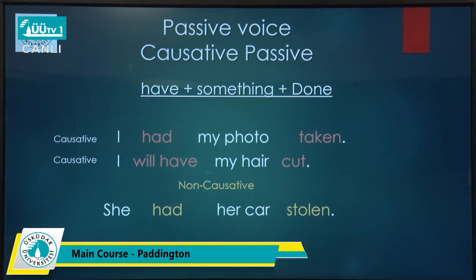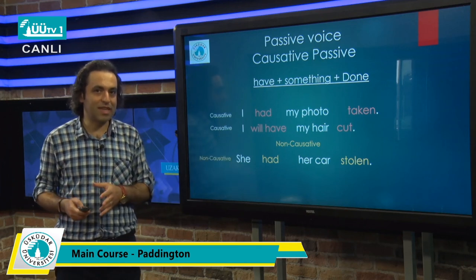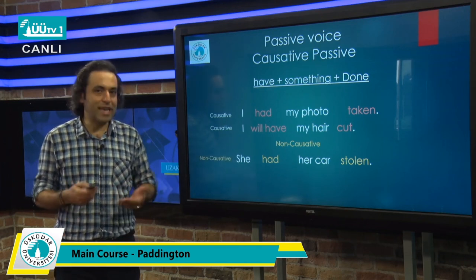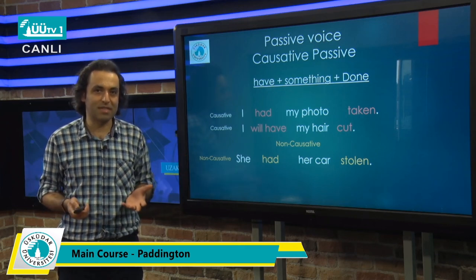Somebody came and stole her car. Is she the reason that her car is stolen? Of course not. Did she pay someone to steal her car? Of course not. So because the meaning doesn't show that she is the cause of that action, we call it non-causative. So the only difference between causative and non-causative is the meaning of the sentence.